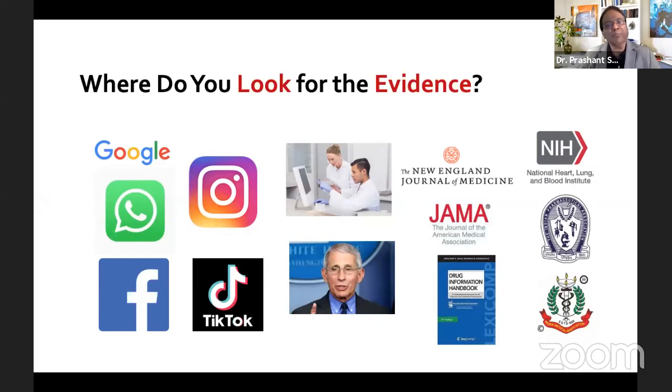Or are you going to rely upon reputed scientific journals like JAMA or the New England Journal of Medicine? Or will you be more interested in looking at the treatment guidelines or the practice guidelines published by NIH or Indian Medical Association or Indian Pharmaceutical Association? So you see there is a diversity of resources available at our disposal, but they have different quality and different strength in terms of the research evidence.